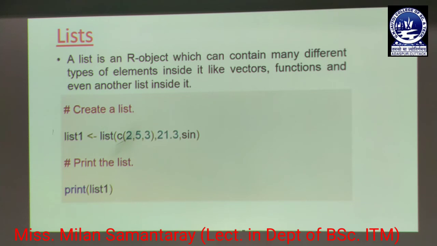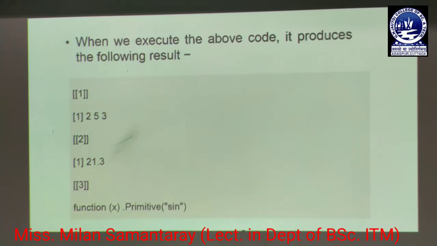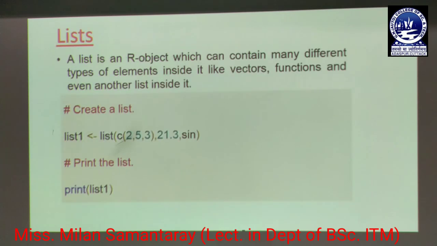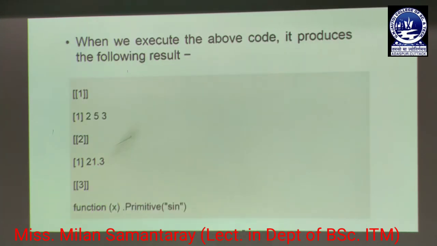So, it will display 253 directly, okay. And then it is 21.3, then it will display that 21.3, and then it will display function x and dot primitive sin. So, when we enter this sin, that means we are entering a function as an element into the list. So, this is the format of writing the list type of R object.